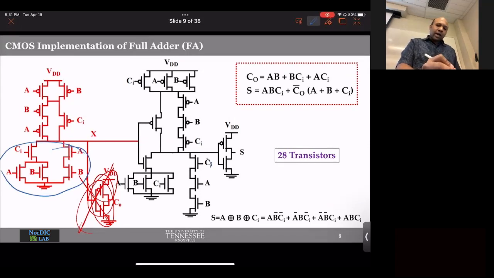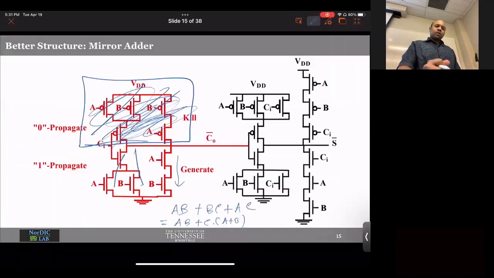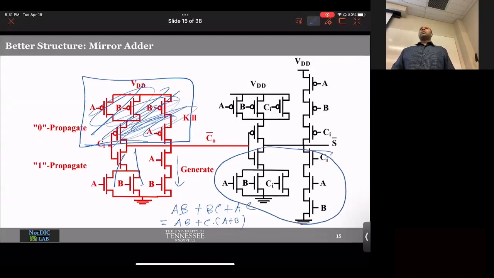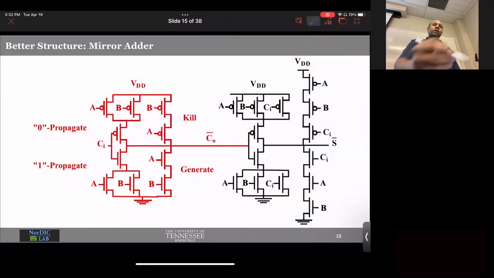And take a look at this portion in the sum section. Did anything change there? Exactly the same. Then why am I claiming that this is better? These are exactly the same thing. Now, take a look at the PMOS branch.